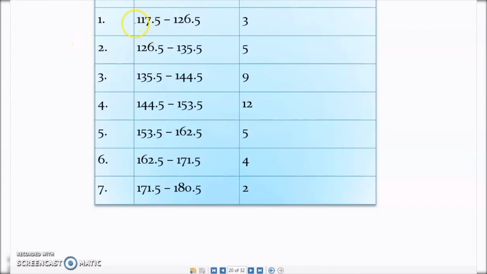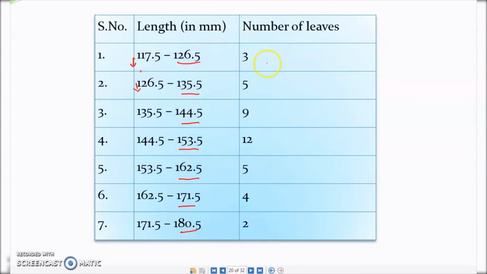Now if you see, all these are the lower class limits. All lower class limits have been reduced by 0.5, and all upper class limits have been increased by 0.5. This frequency column remains the same. Number of leaves is the same.